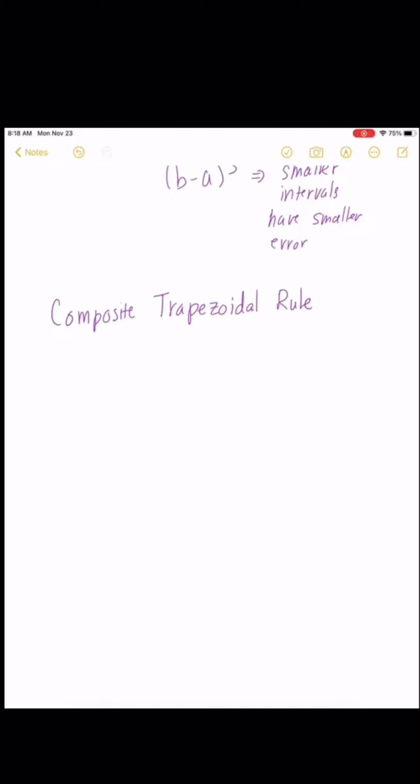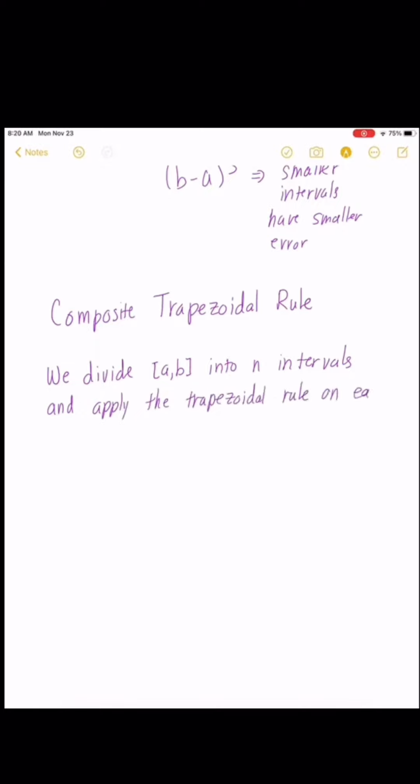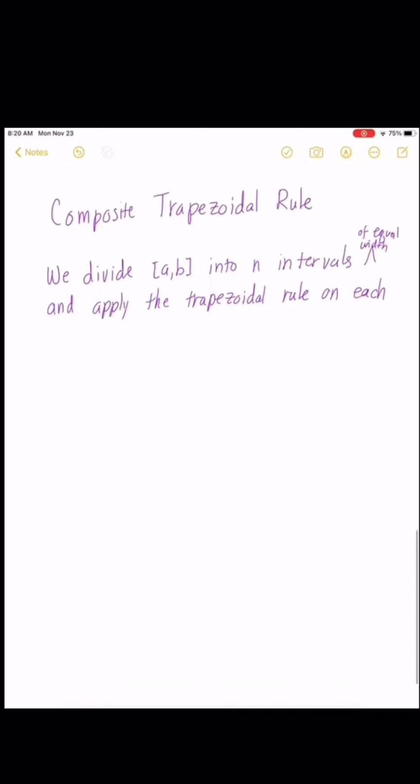It's easiest if our subintervals are all the same length. We divide a b into n intervals and apply the trapezoidal rule on each.